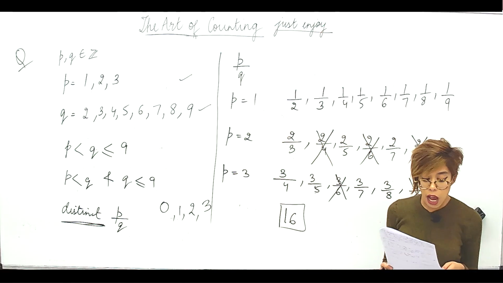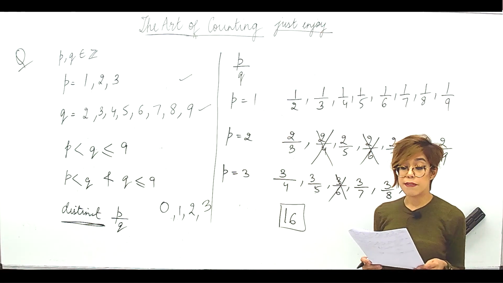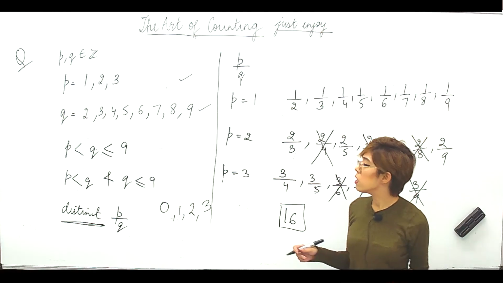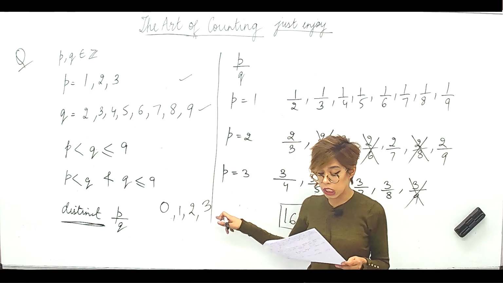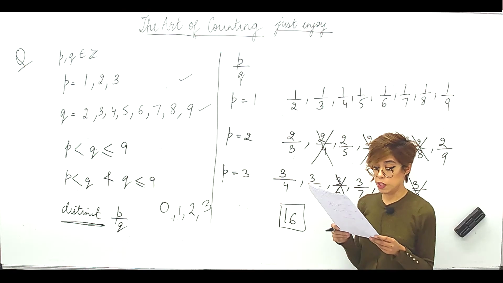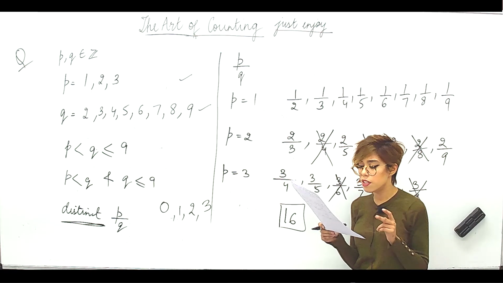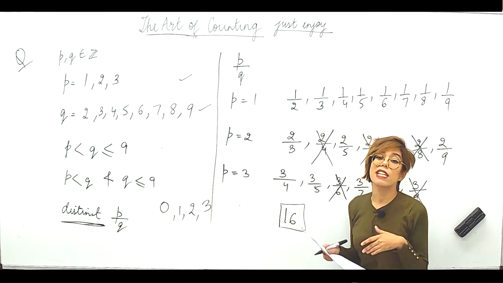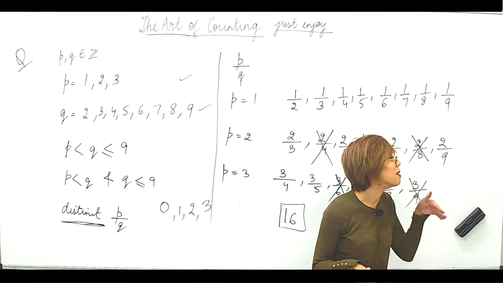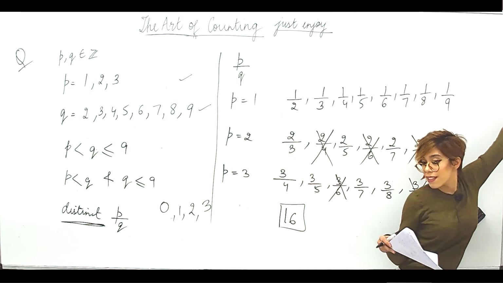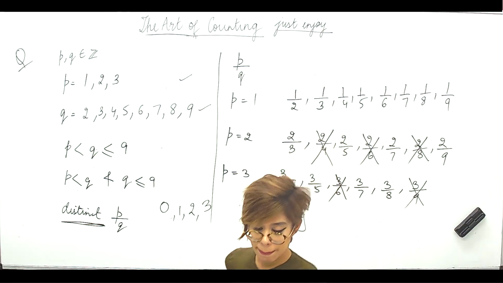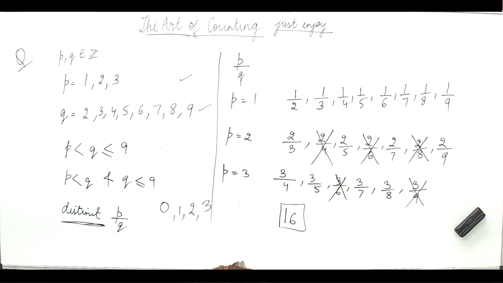I'll say it again. How many 3-digit numbers divisible by 3 using the numerals 0, 1, 2, 3 without repetition? Is something missing here? How many 3-digit numbers divisible by 3 without repetition can be formed? Of course, I forgot to write that. Can be formed. Justify it.